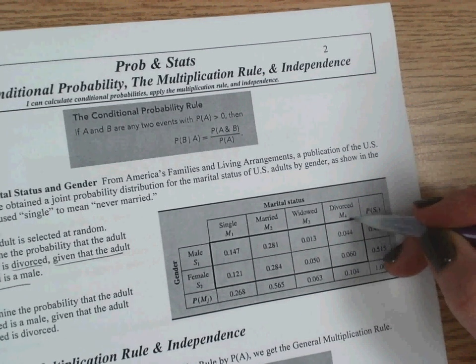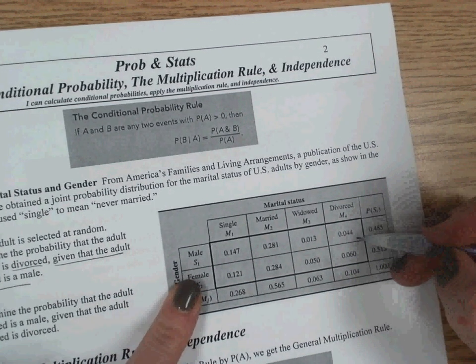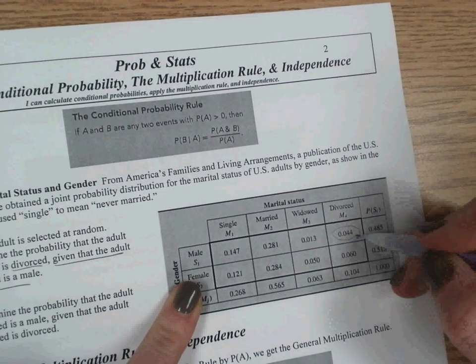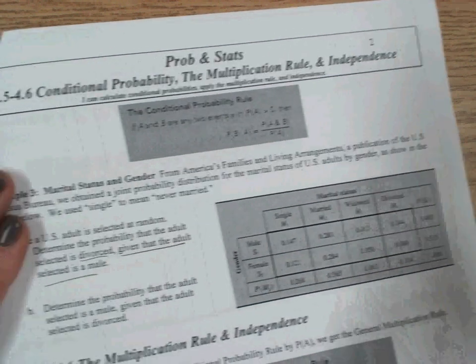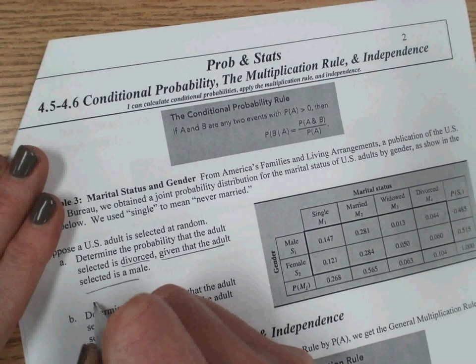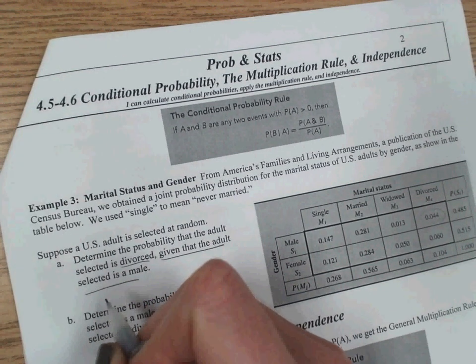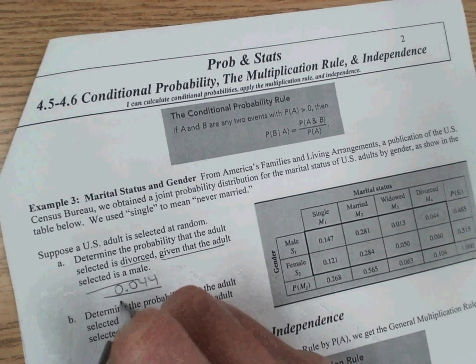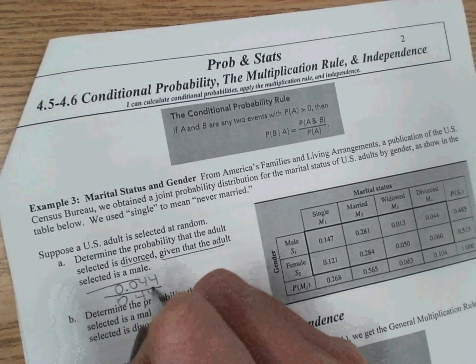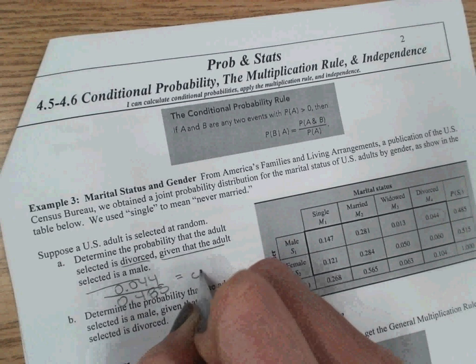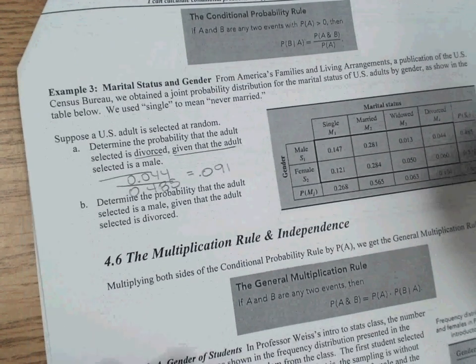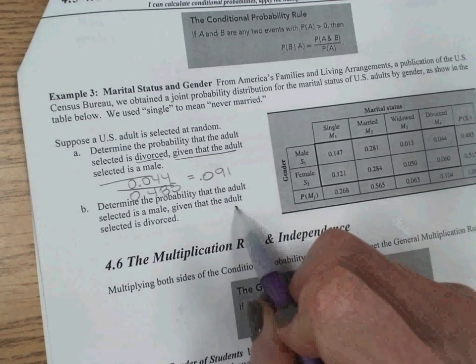So divorced given that they are male: that would be 0.044 divided by 0.485, which is 0.091, or about 9.1%.